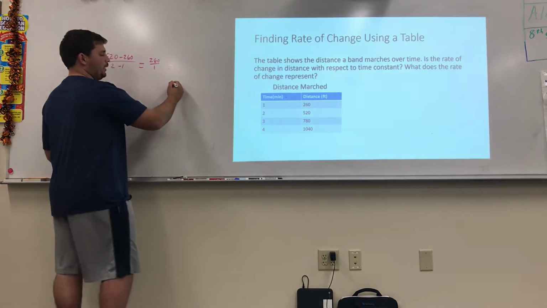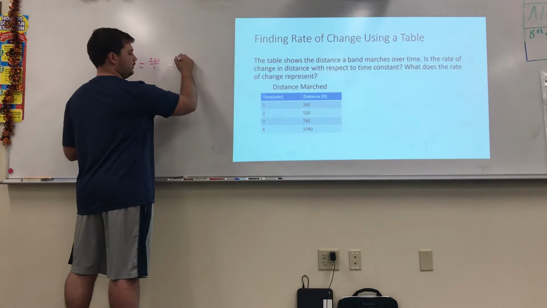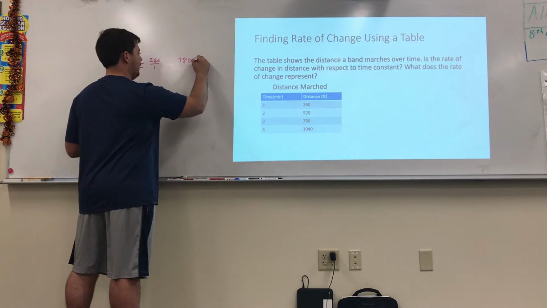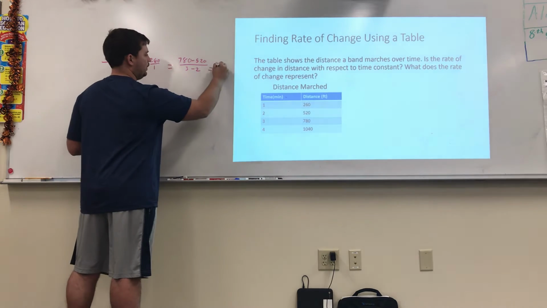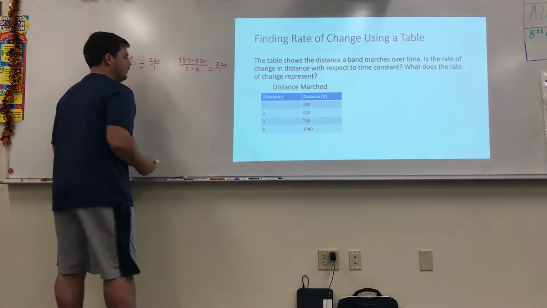Alright, you take 780 minus 520 over 3 minus 2, and you're going to get 260 over 1.